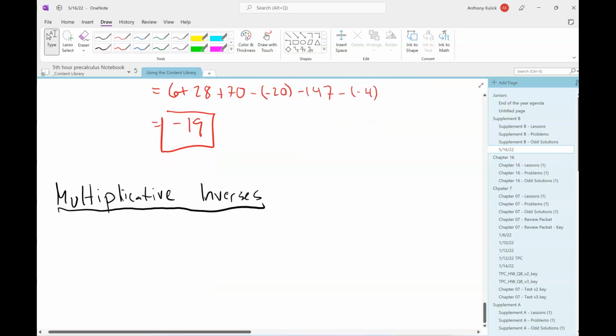So the same is true for matrix multiplicative inverses. The only situation I'm going to expect that you're able to do by hand is for a 2 by 2 matrix.